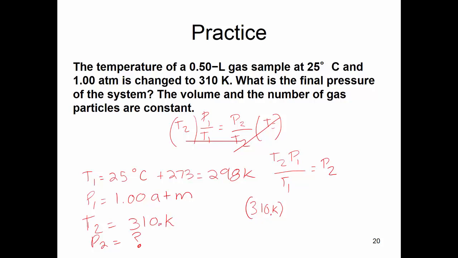I'm going to go ahead and give 3 sig figs there. P1 is 1 ATM. T1 is 298. Kelvins cancel. We're left with ATM, and we get a slightly higher pressure of 1.04 ATM. All right, I hope this better explains Gay-Lussac's law.